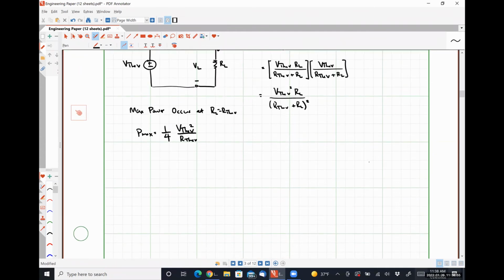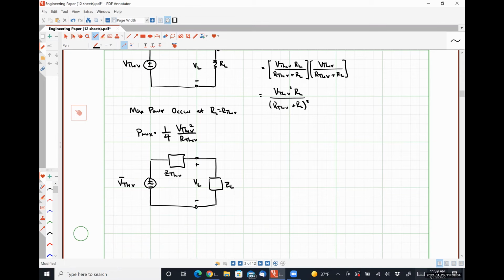So let's say that we have a very similar circuit, except now we have some phasor voltage, V Thevenin, and some equivalent impedance, Z Thevenin, connected to some load, ZL.